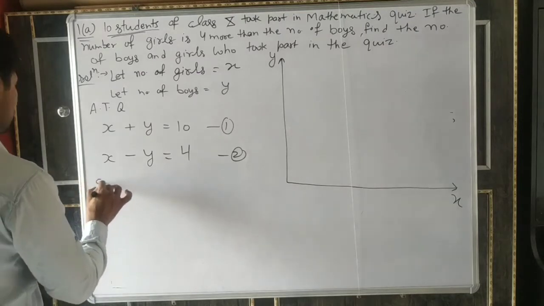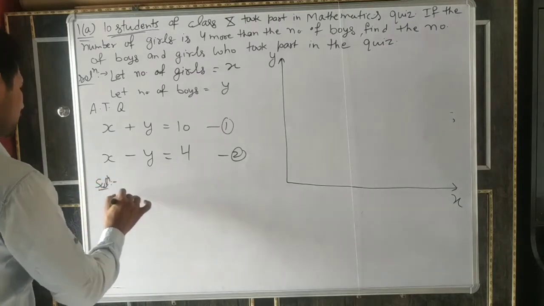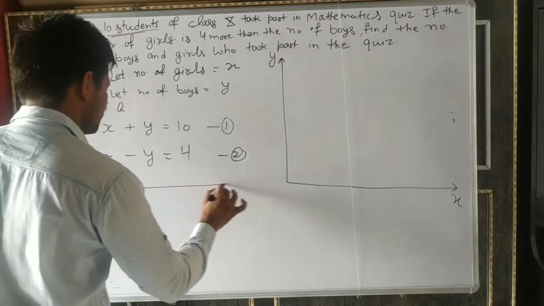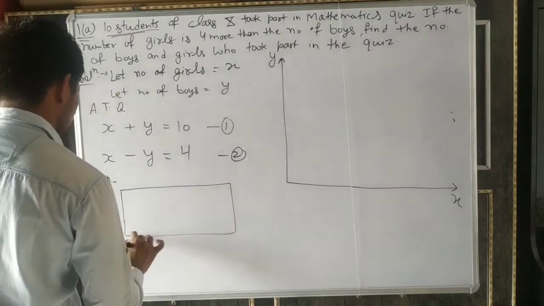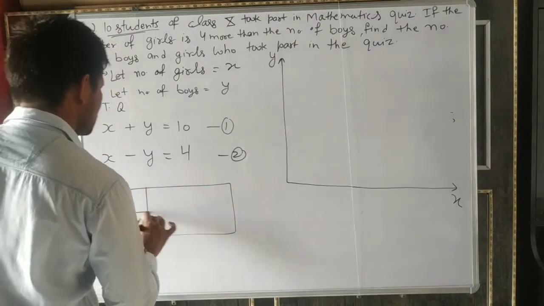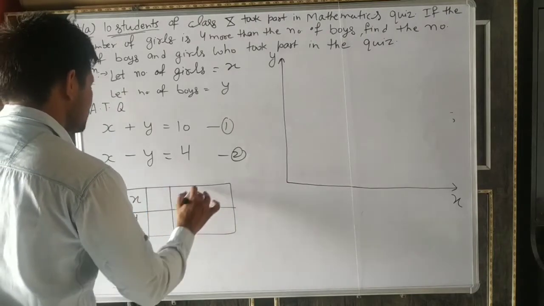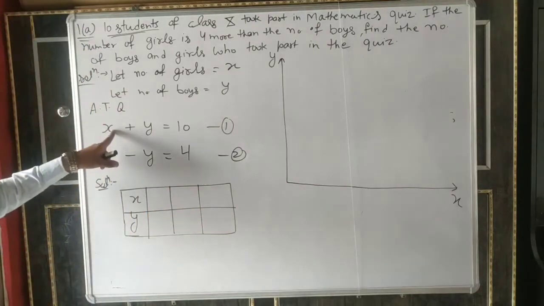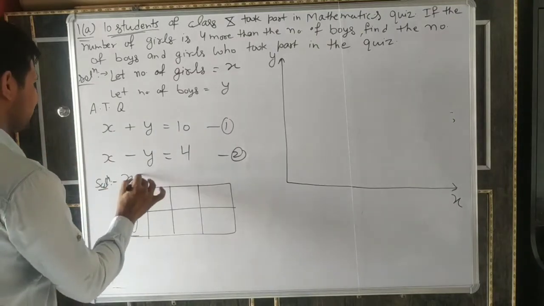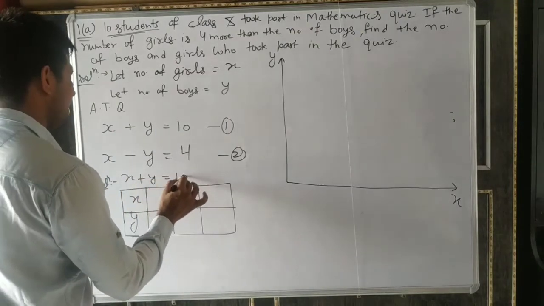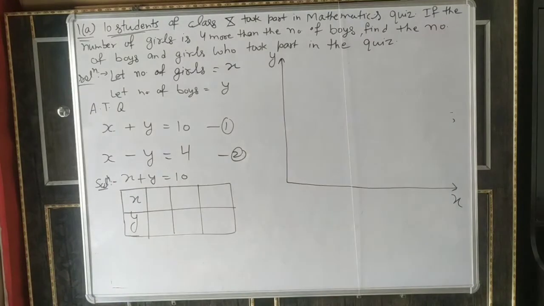We will find a solution of both equations. For the first equation, x plus y equals 10, one time you can put x as 0, one time y as 0.